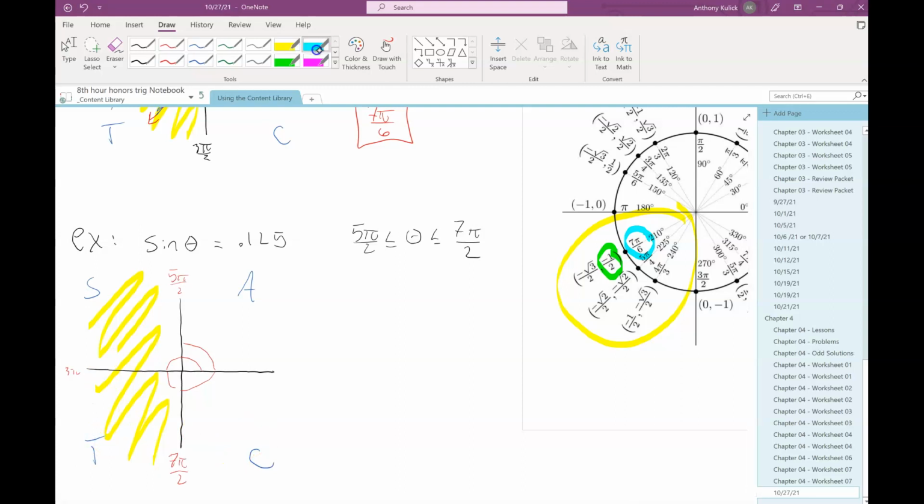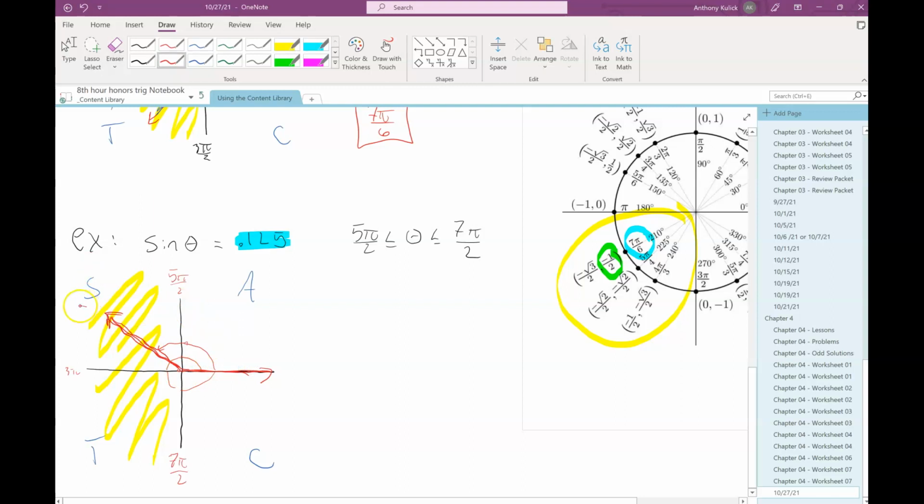And since sine in this case is positive, I know that my angle theta has to be in which quadrant, 2 or 3? 2. Everybody's good with why?